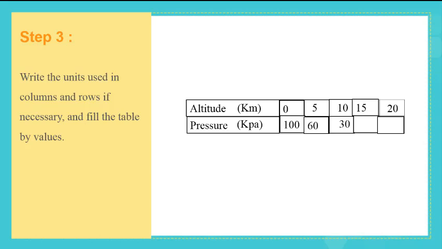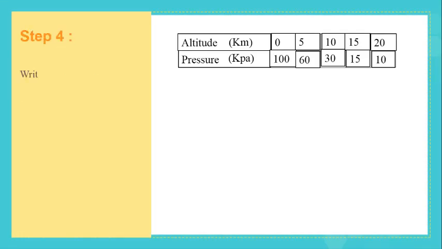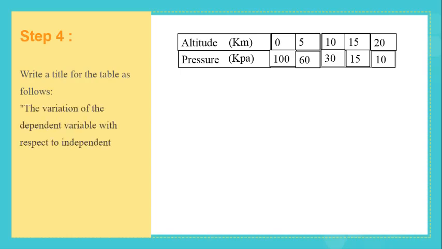What is the pressure at altitude 15 km? 15 kilopascal. And finally, what is the pressure at altitude 20 km? 10 kilopascal.